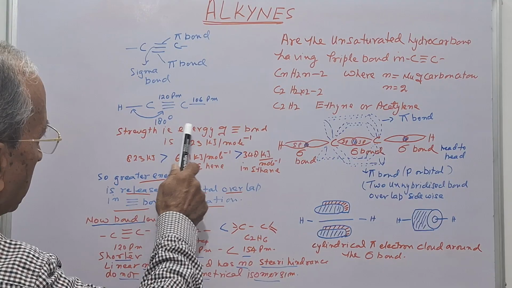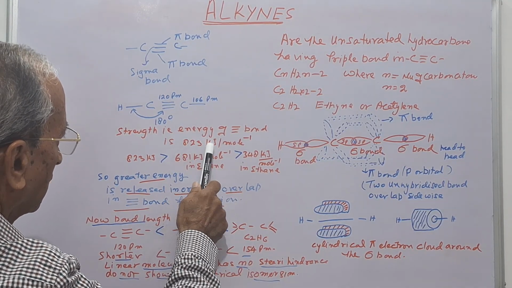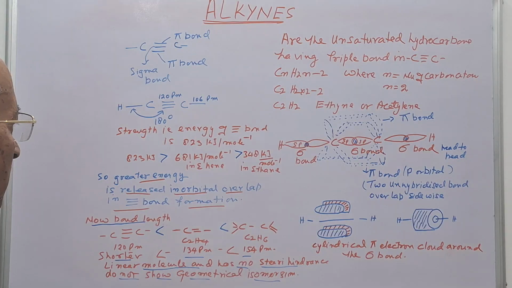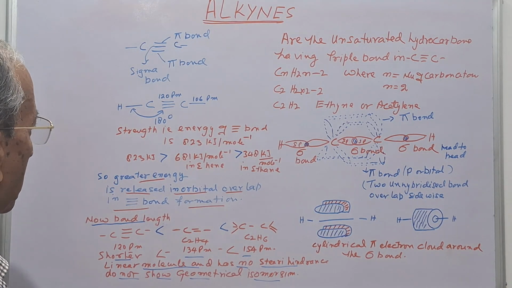And the strength, or energy, of the triple bond is about 823 kilojoules per mole. And here it is a very important thing.